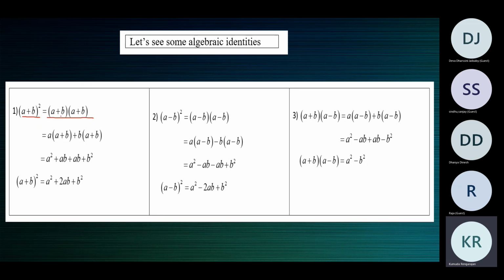Next step, we are multiplying. How do we multiply two binomials? This is a binomial, this is also a binomial. We multiply the first term a with the second bracket a plus b, then the second term b with the second bracket a plus b.